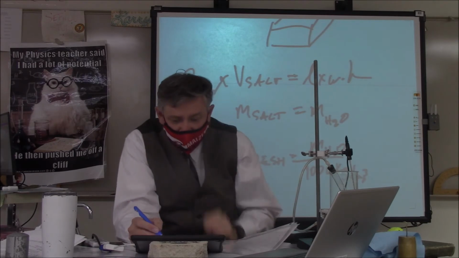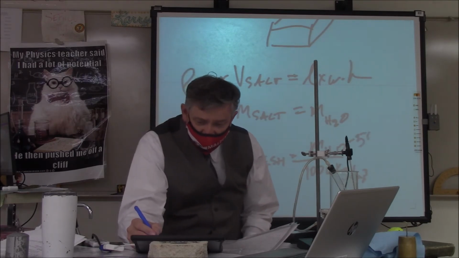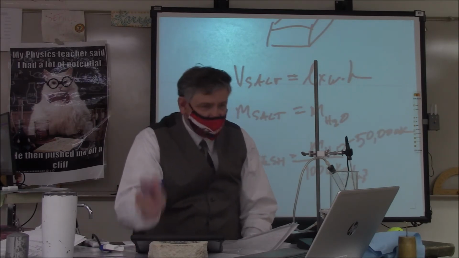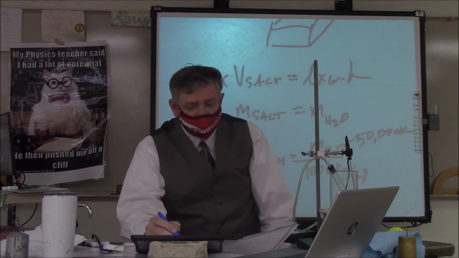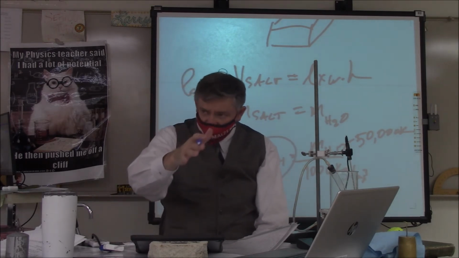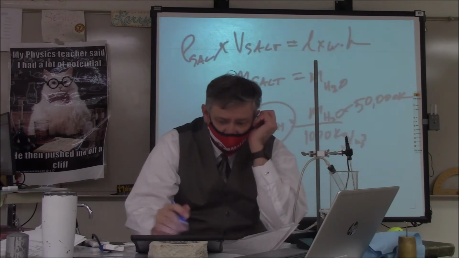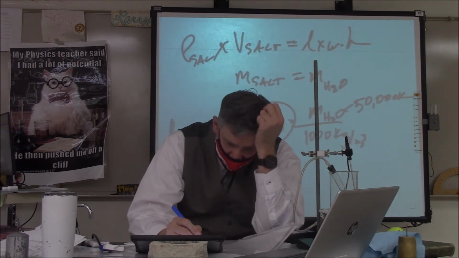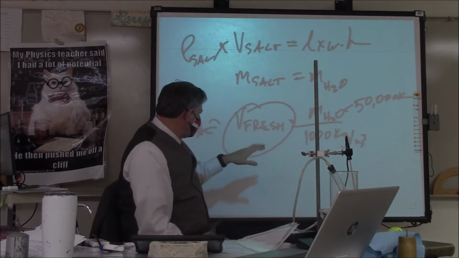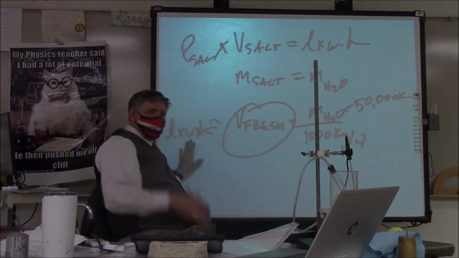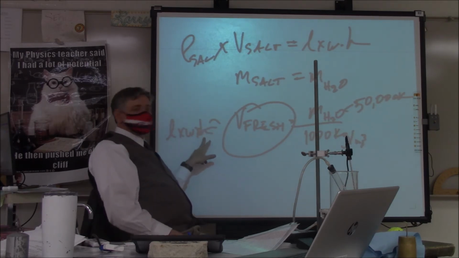So this is about 50,000 kilograms. It's a little bit less than that. When you do the math, that's what you get. Then when you get the volume of that fresh water, set that equal to length times width times height. You know the length and width of the barge, then solve for the height.